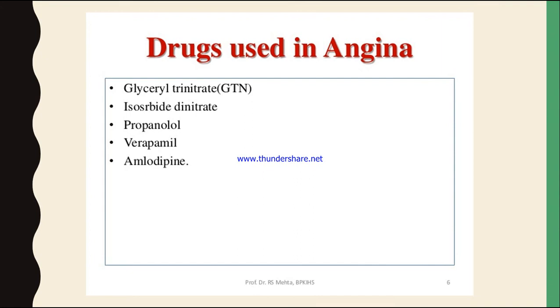The drugs used in angina pectoris are glyceryl trinitrate, also known as nitroglycerin or NTG, then isosorbide dinitrate, propranolol, verapamil, and amlodipine. These are some of the drugs given in patients suffering from angina pectoris.